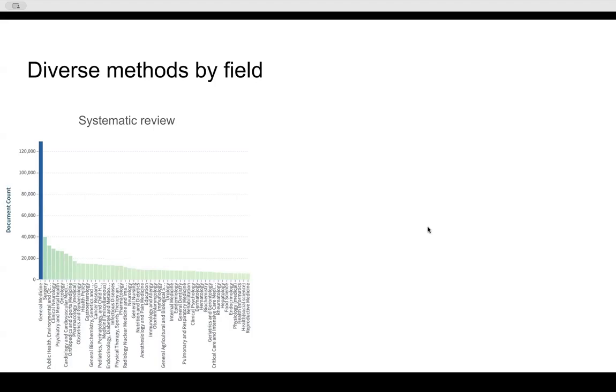And when you start looking at the non-standard methodologies and how they're referred to in the literature, this is a set of search results in Lens. This is where the reviews sit by field. So you can see a huge number of systematic reviews that are primarily conducted in healthcare.